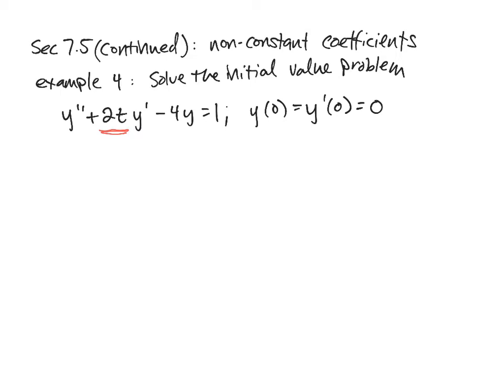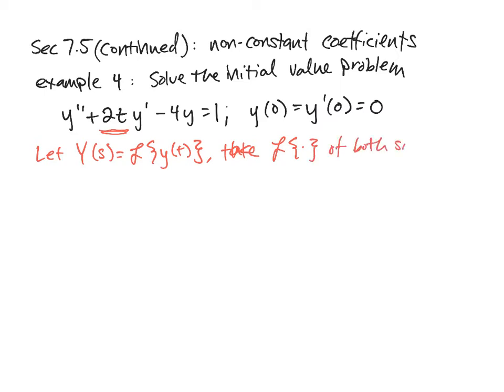So we're going to do the same thing we did in the last video. We're going to let capital Y of s equal the Laplace transform of little y of t, and then take the Laplace transform of both sides.